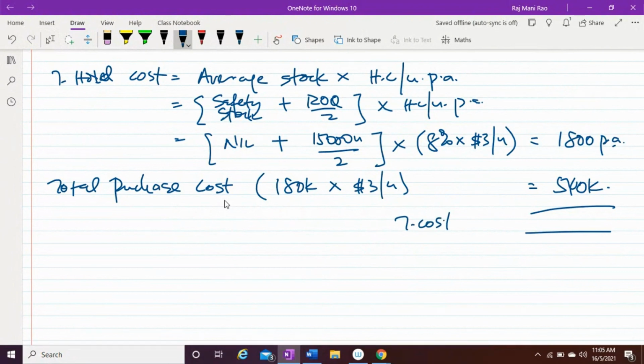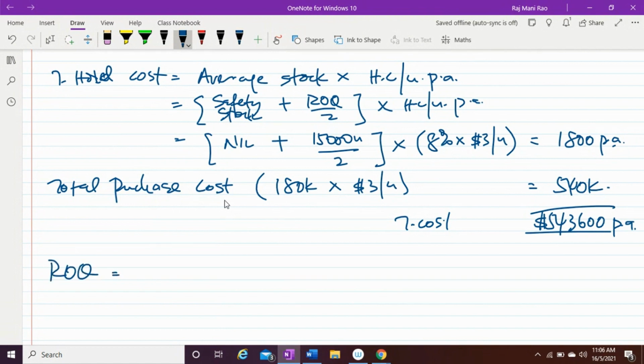So total cost is how much? 540,600 per annum.